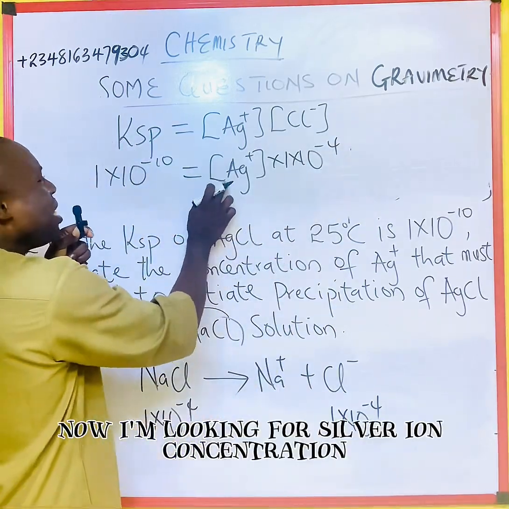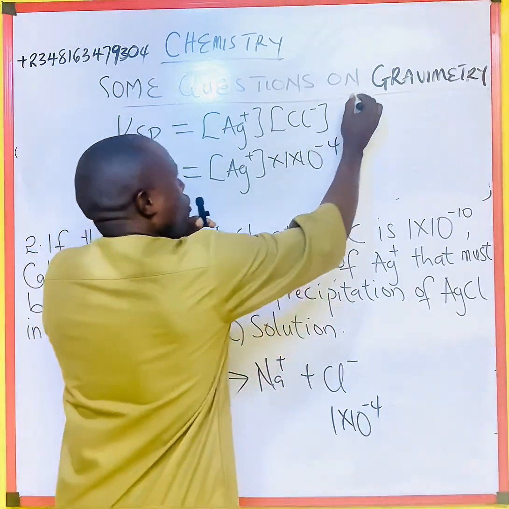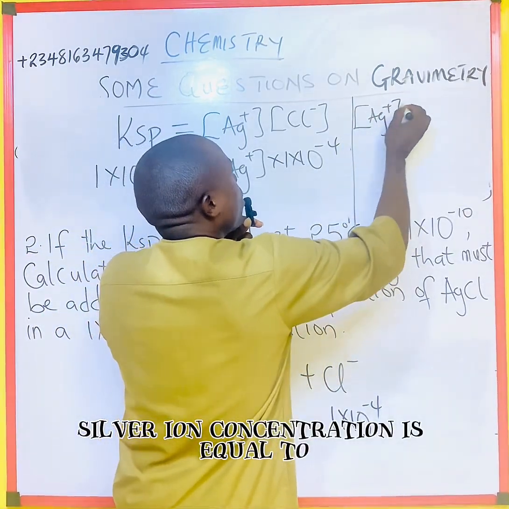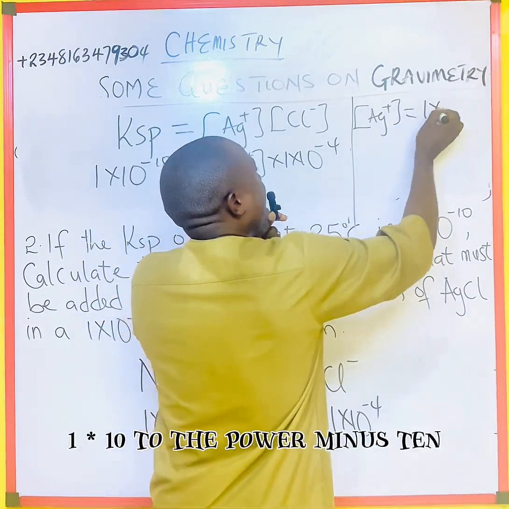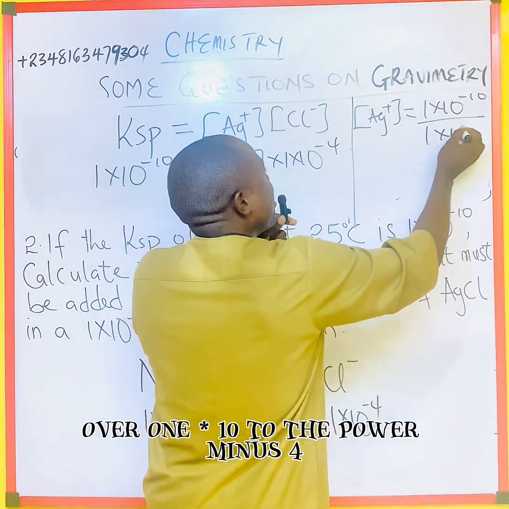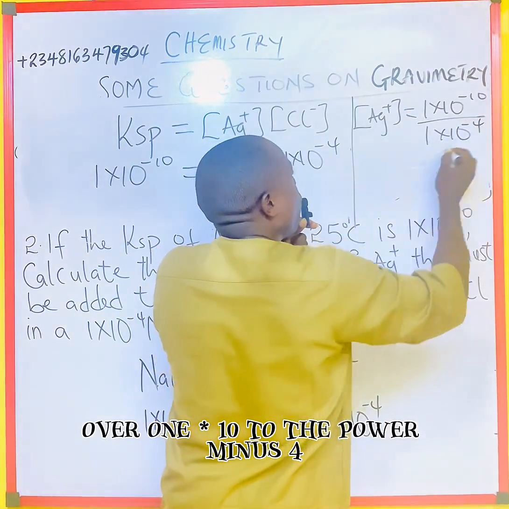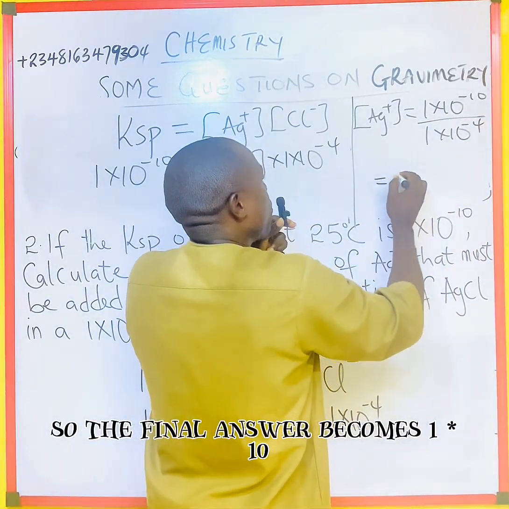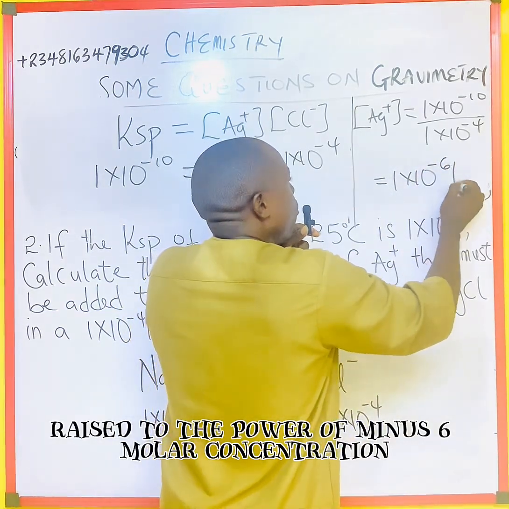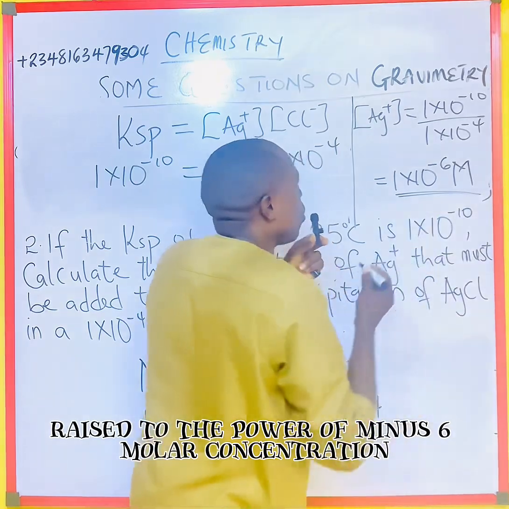Now I'm looking for silver ion concentration. So I come here to say silver ion concentration is equal to 1 times 10 raised to the power minus 10 over 1 times 10 raised to the power minus 4. So the final answer becomes 1 times 10 raised to the power of minus 6 molar concentration.